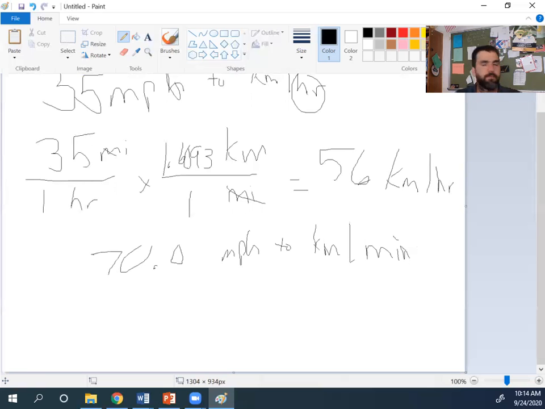Horrible handwriting right there. So what would be my first fraction? What would it look like? Miles over 1 hour.